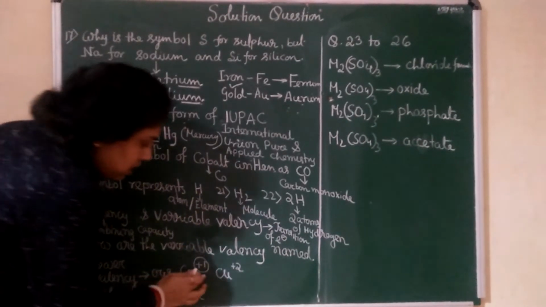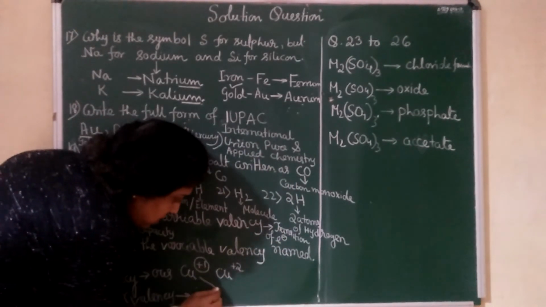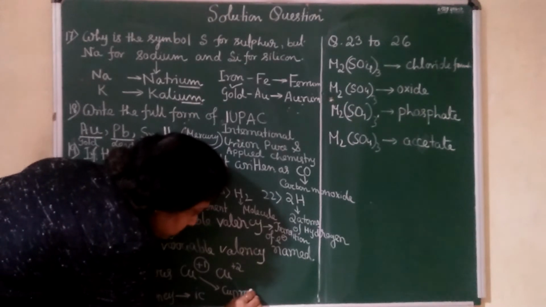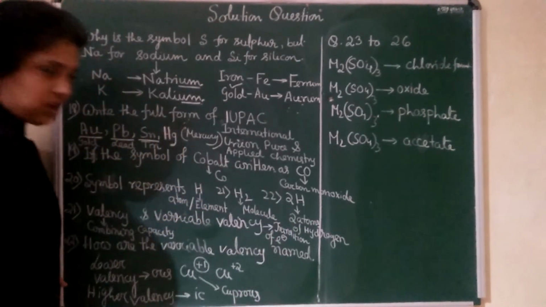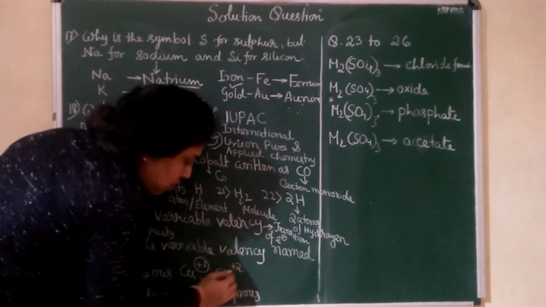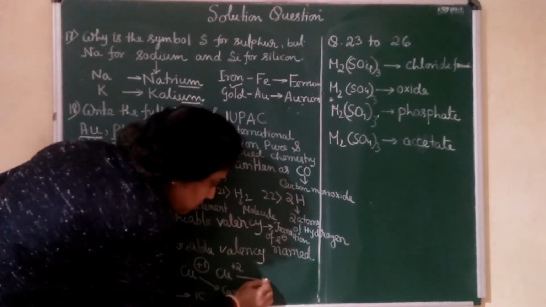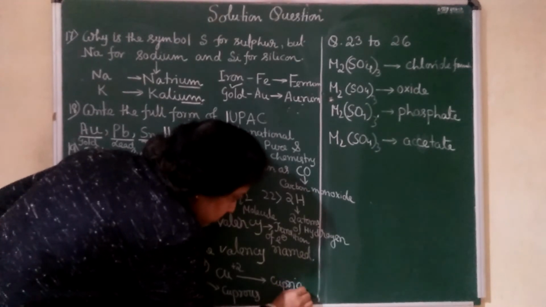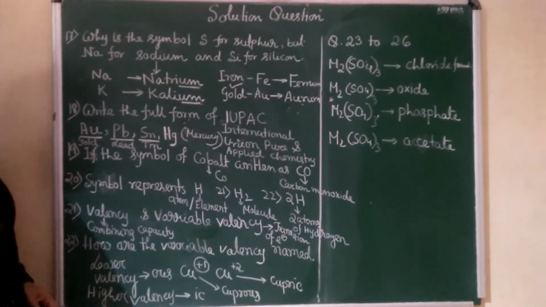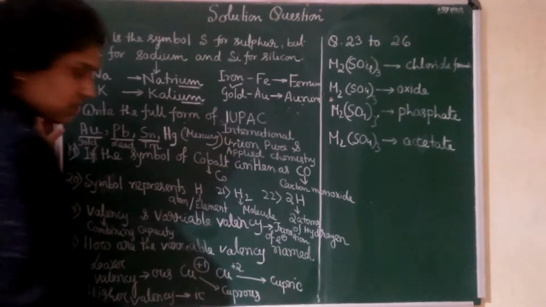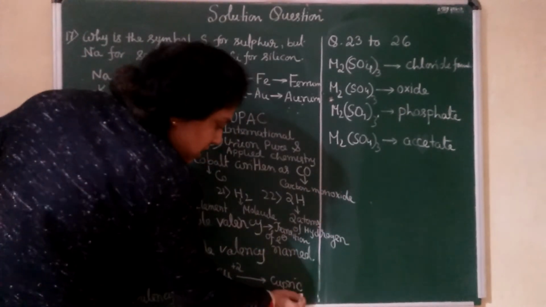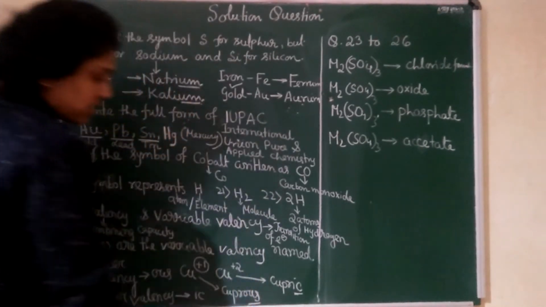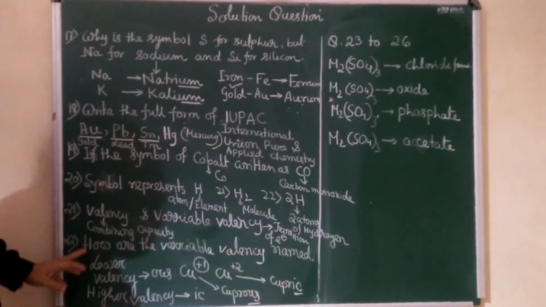For example, Cu plus 1, what will we write? Cuprous. If it is plus 2 state, then it will be cupric. IC will be the suffix, the end will be IC. Here the end will be OUS. This is the old method.